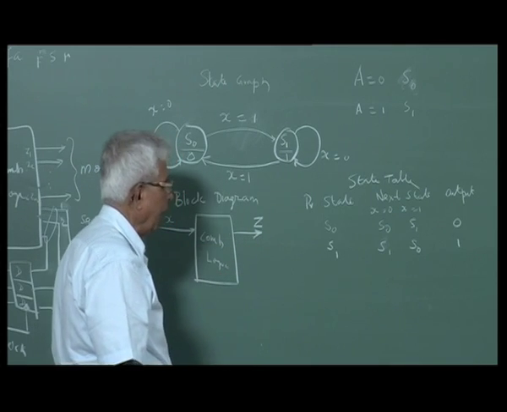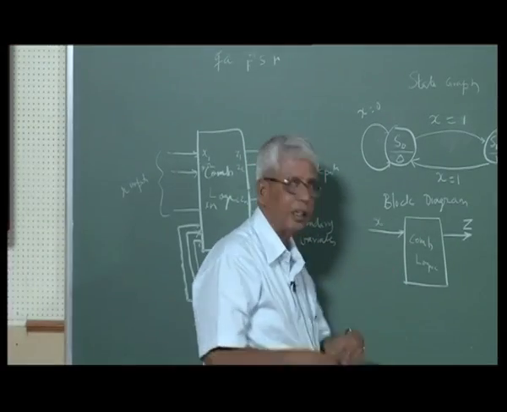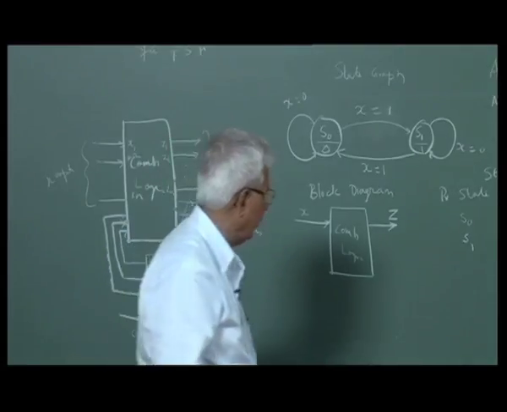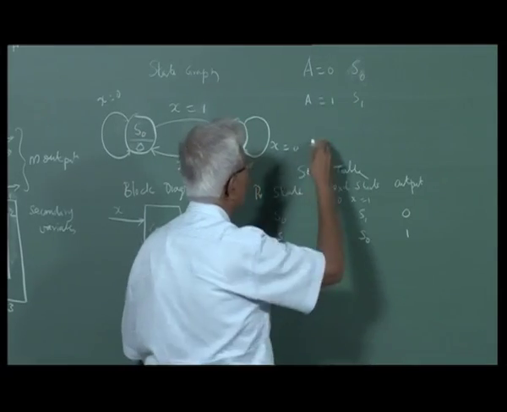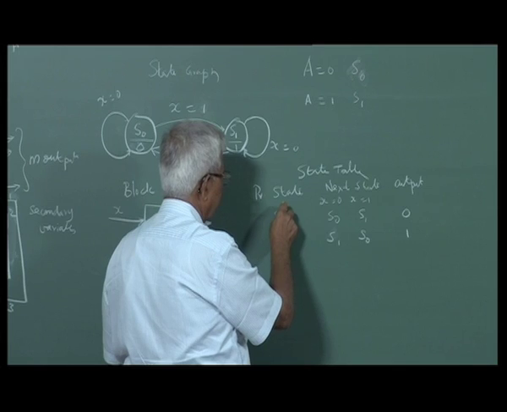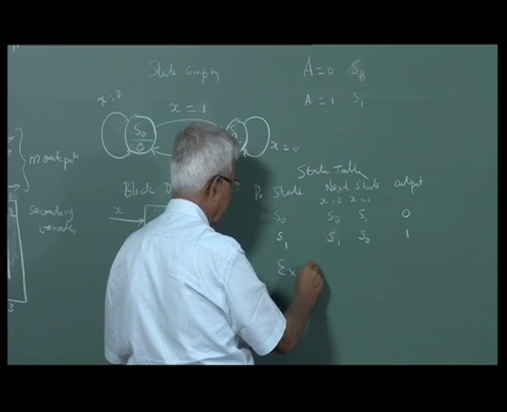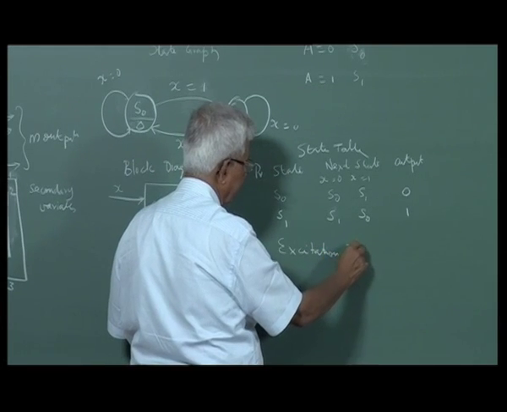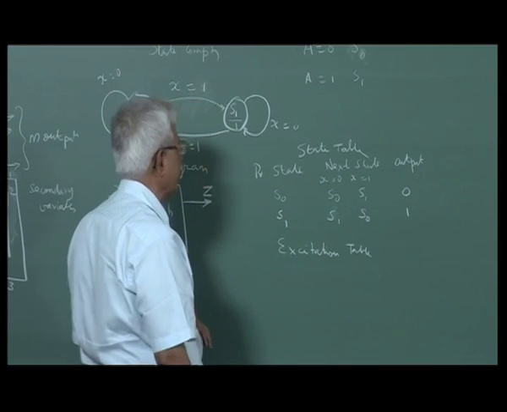Now, how am I going to get the circuit? I need a Karnaugh map. Always finally the result is a Karnaugh map. So, I will convert this using zeros and ones. S0 is 0, so I will rewrite this. When you rewrite this, it is called an excitation table. The state table becomes an excitation table if we give values for all the states.